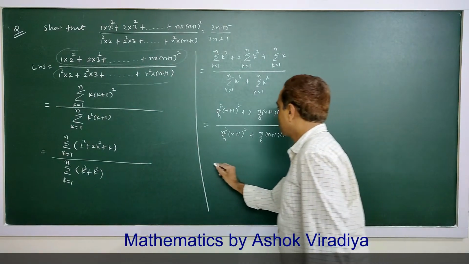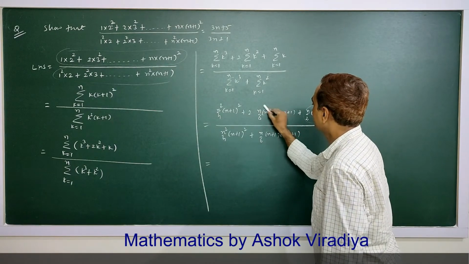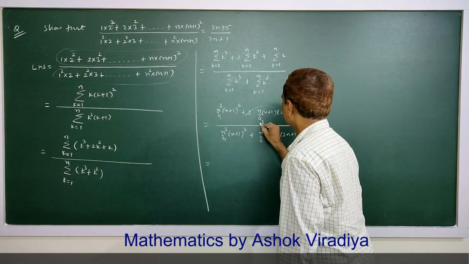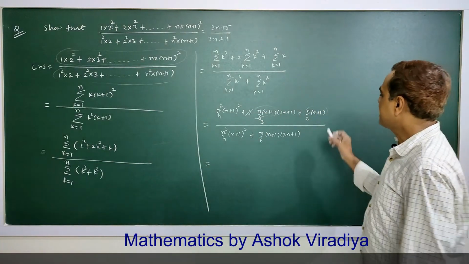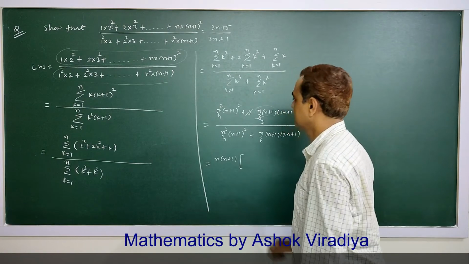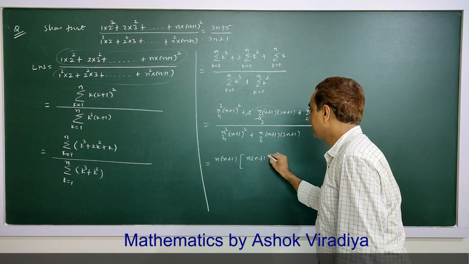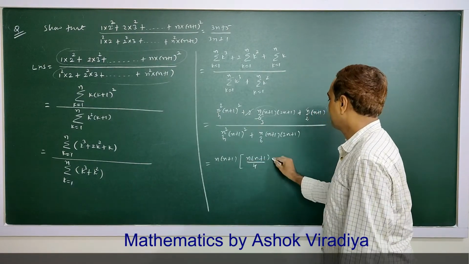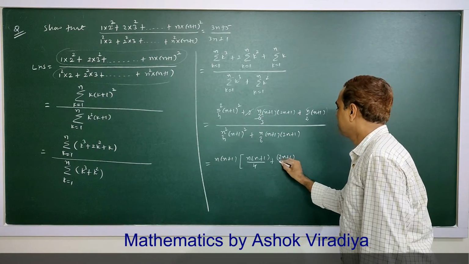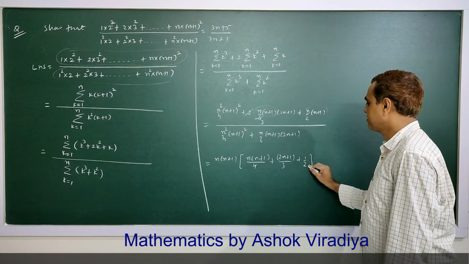Now look, from the numerator this part will be common: n into n plus 1 we are taking common. So what is left in the numerator? Here n into n plus 1 divided by 4 is left, plus, with n into n plus 1 taken out, 2n plus 1 divided by 3 is left, and here 1 by 2 is left.